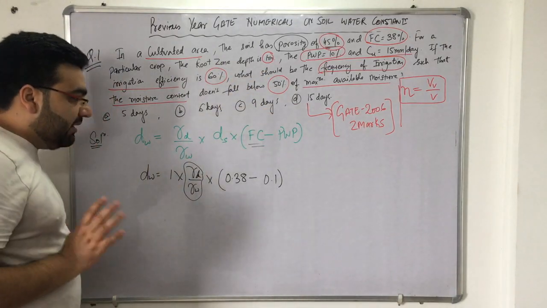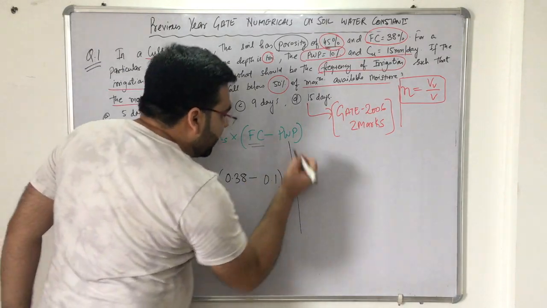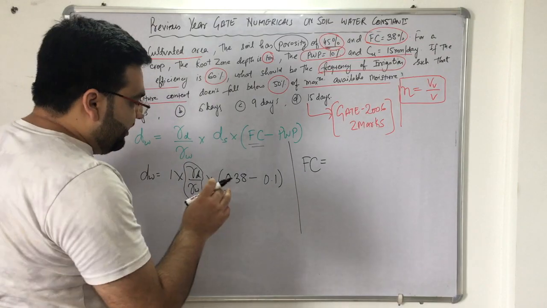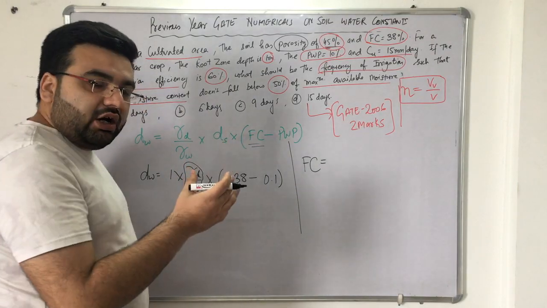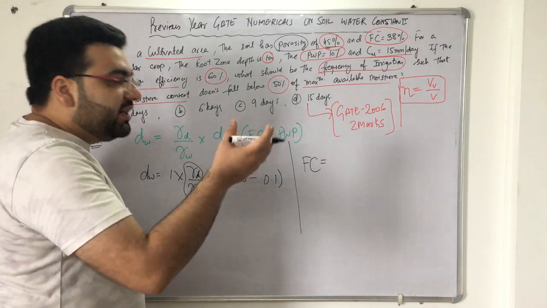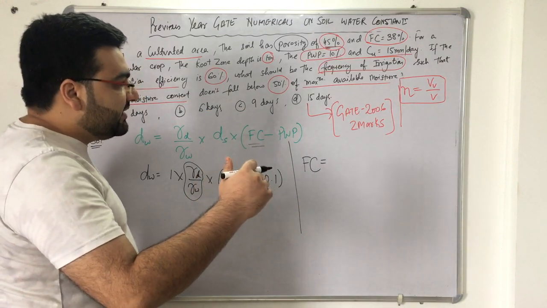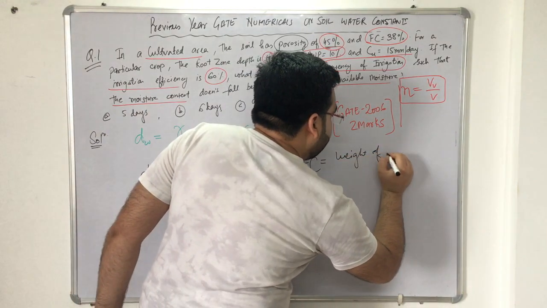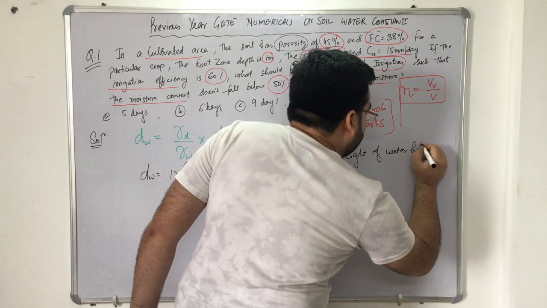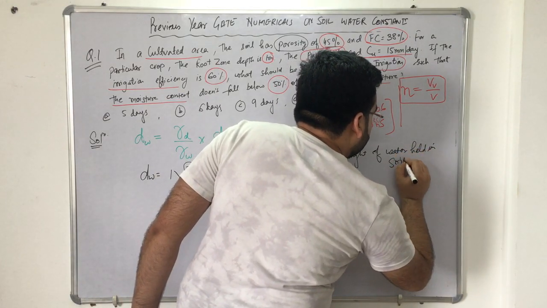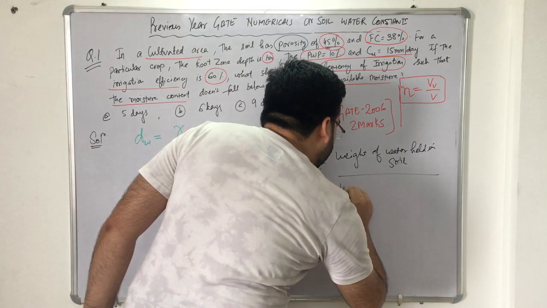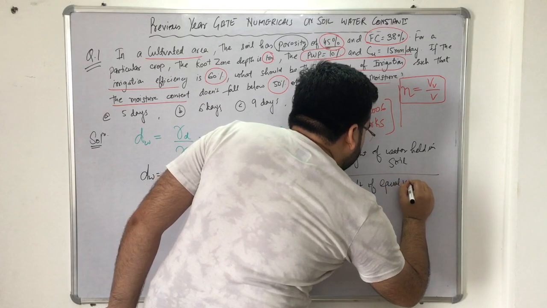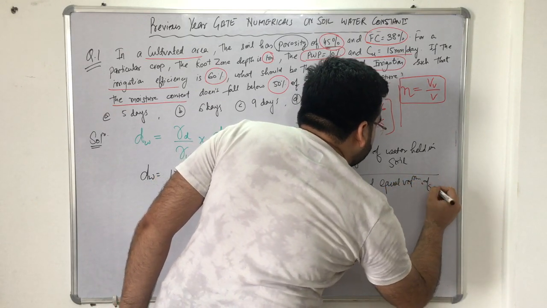So gamma d divided by gamma w. Now I know that the field capacity is given by the weight of water held in soil divided by the weight of equal volume of dry soil.